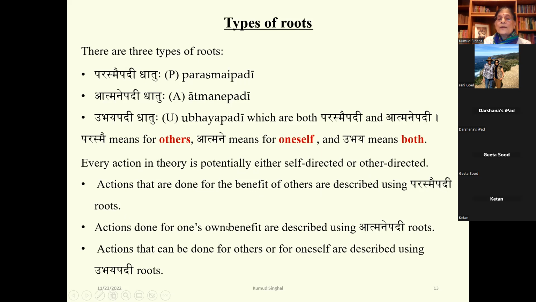Actions done for one's own benefit are described using atmanepadi roots. And actions that can be done for others or for oneself are described using ubhayapadi roots. This will be more clear in the next slide when I give you examples.